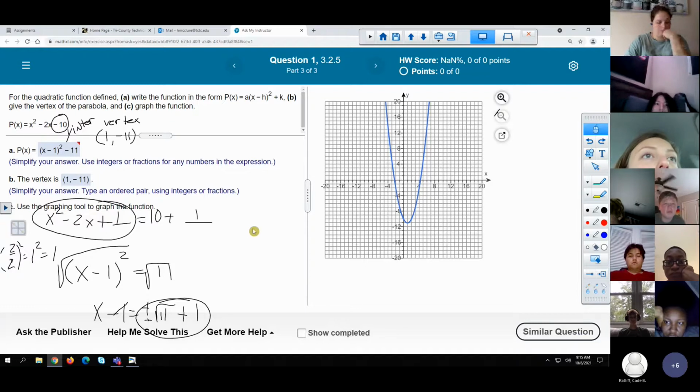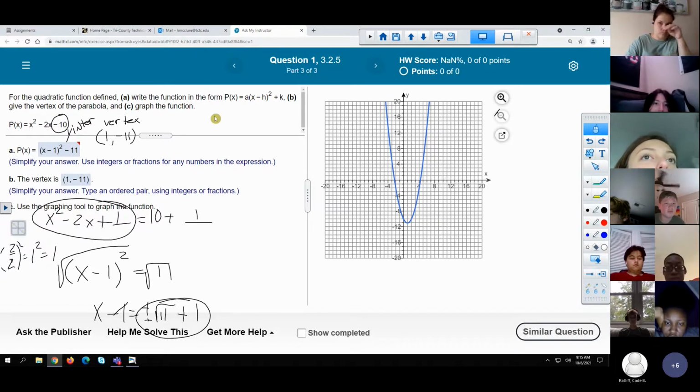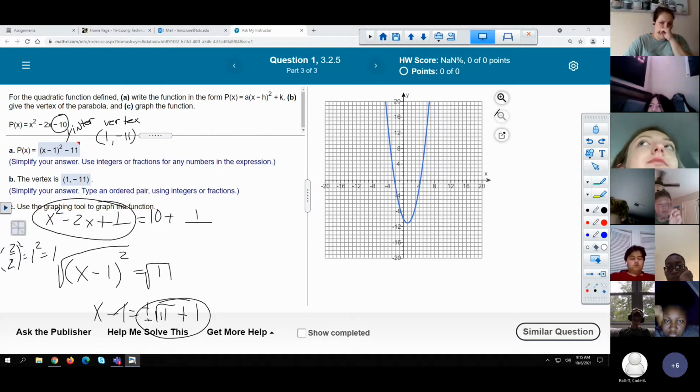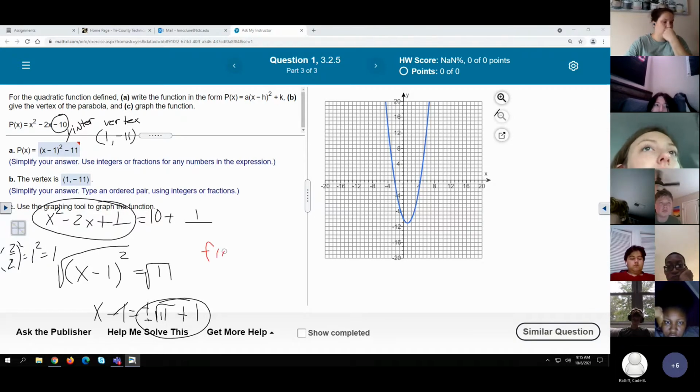And remember, they want this expression. I told you at least the first 5 times that we did the completing the square that they want it in this form: f of x is equal to x minus 1 quantity squared minus 11.